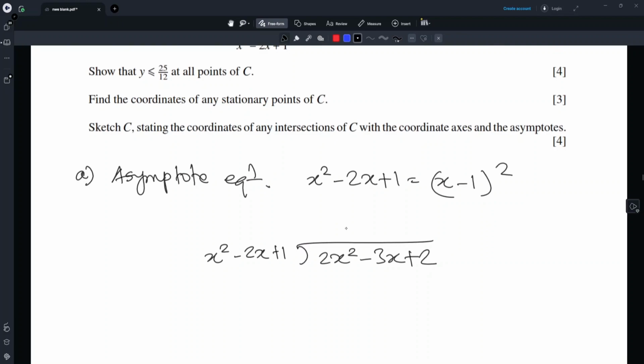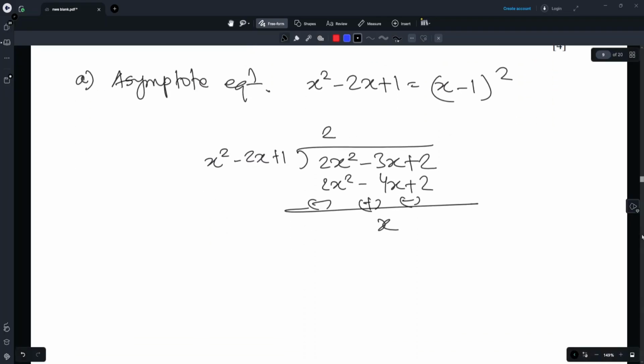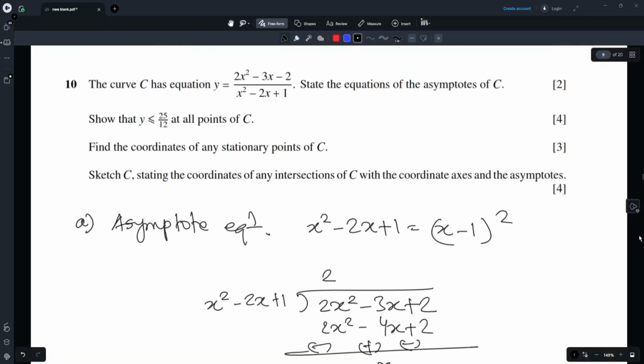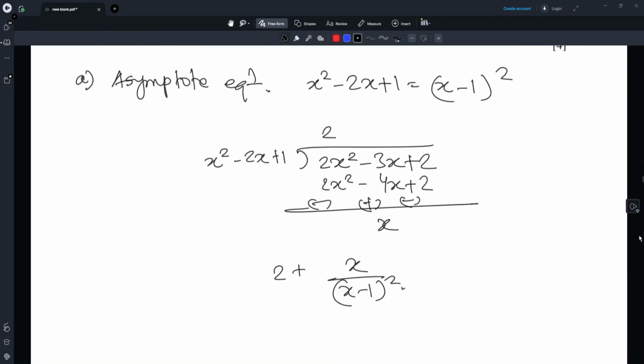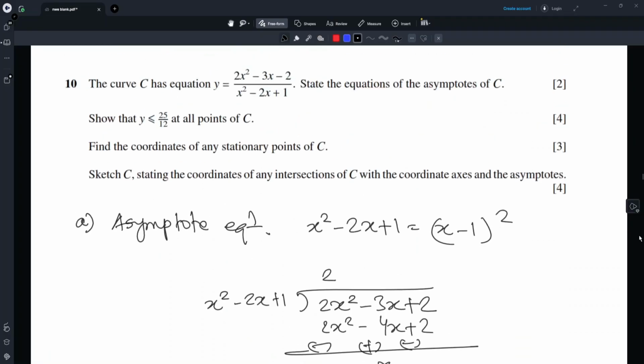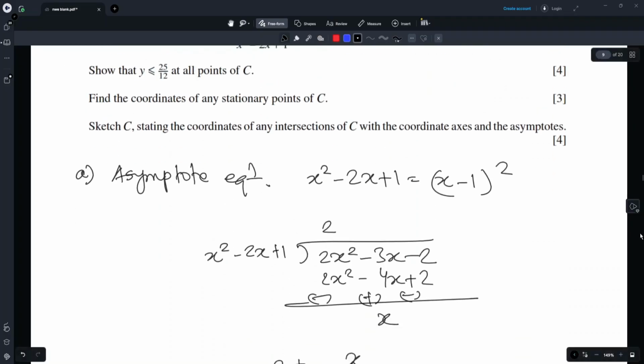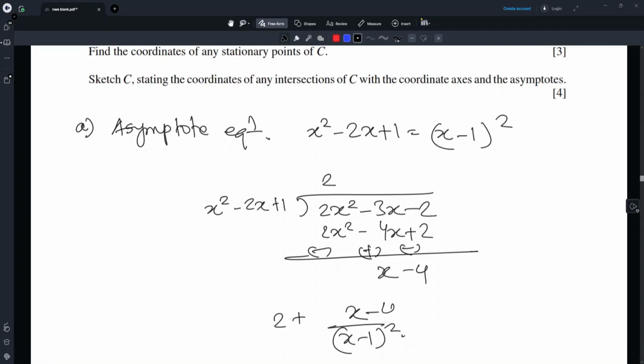So in this case, what I have is 2x square minus 3x, no, minus 4x plus 2. So we have only x. So the fraction looks like 2 plus x by x minus 1 whole square. It is not minus 6, it's minus 2, x minus 4.